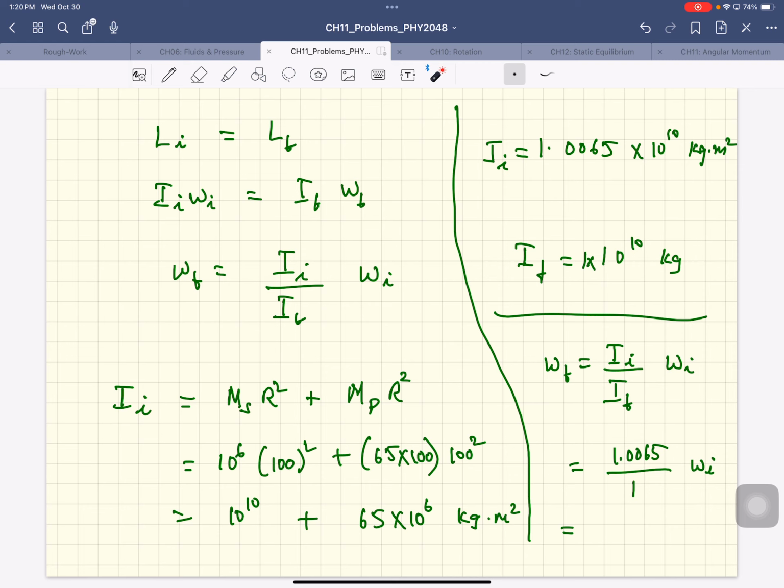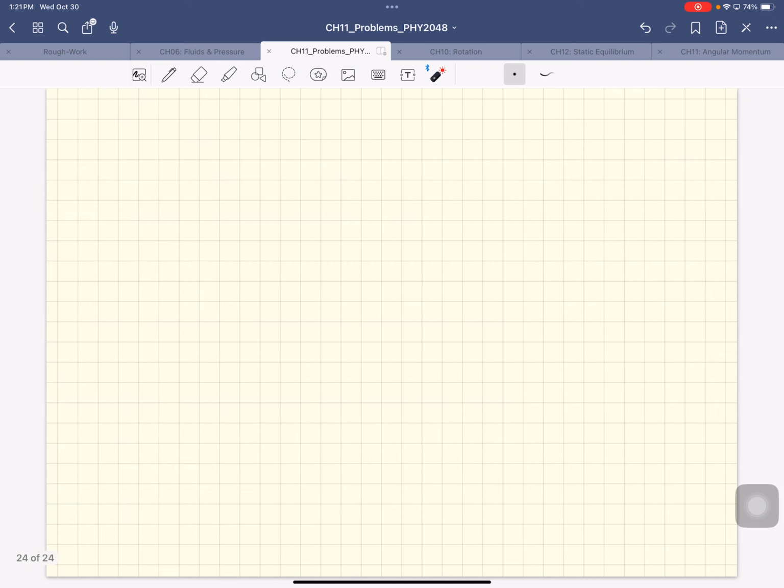So when people left, what happened to the artificial gravity? It got stronger. Now here's a side view of it.